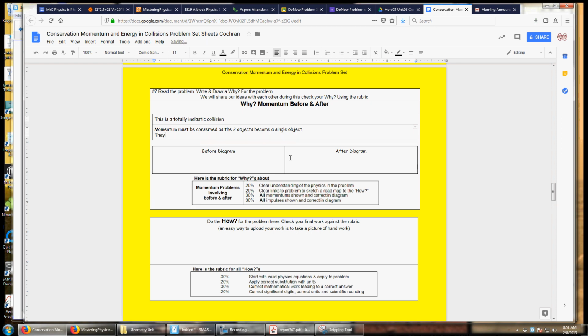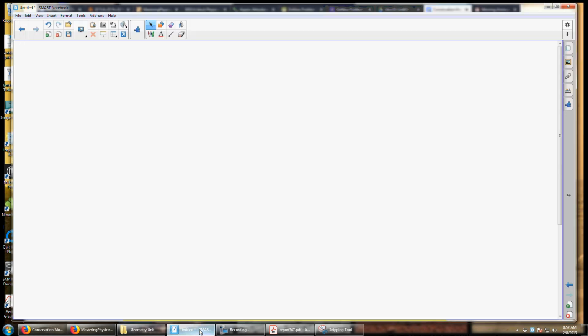I'm going to also say they will move off slower than the pumpkin was moving before the collision. Alright? So now we gotta go diagram it, right?